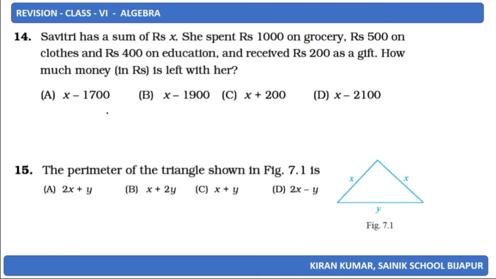Question 14. Savitri has a sum of rupees x. She spends rupees 1000 on grocery, rupees 500 on clothes, and rupees 400 on education, and received rupees 200 as a gift.